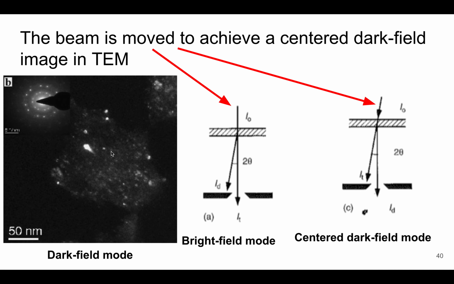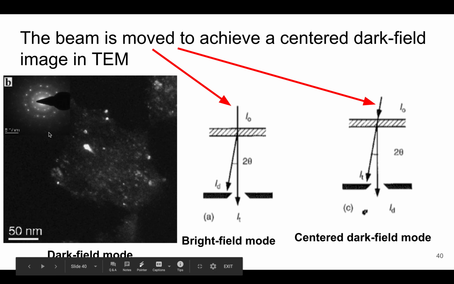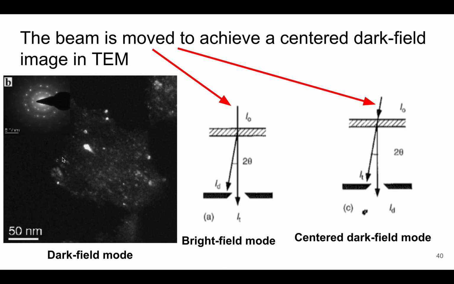So these bright spots correspond to the right orientation for diffracted beams to go through the objective aperture. So this is what you would see in a dark field image. And what you're visualizing with the light spots is the diffracted intensity associated with those certain HKL planes of that one diffraction spot.